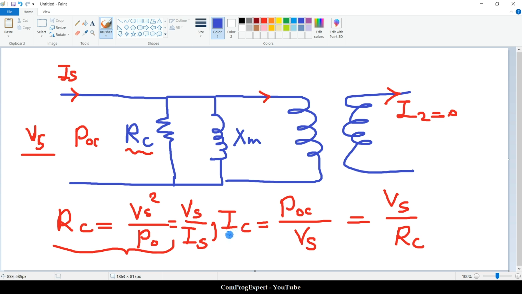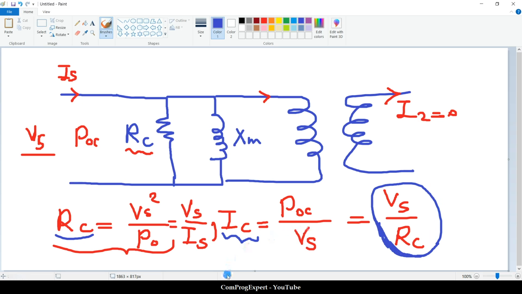If we calculate the current, we can calculate the core resistance using this equation. And if we calculate the core resistance using this equation, we can calculate the core current using this equation.